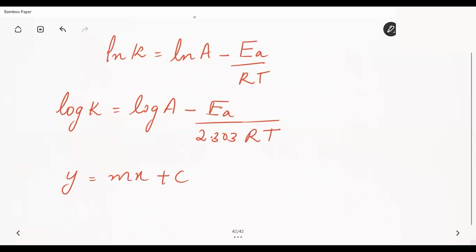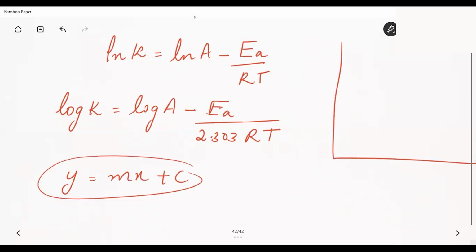So we can draw a graph, right? What graph will we draw? Log k against 1 by T. You will get the slope m as minus Ea by 2.303 R and the intercept as log A. So it is a negative slope. You have to draw a graph like this.